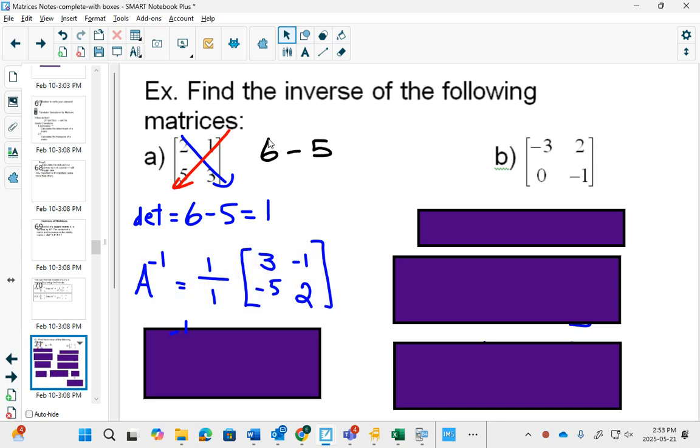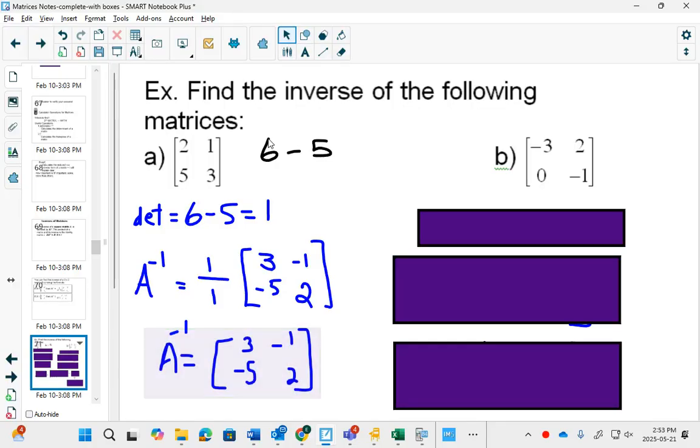The 3 and the 2 switch places. The negative 1 and the negative 5, the 1 and the 5, just add a negative in front of it. So this will be like one of the first things you'll have to memorize in this unit is how to find an inverse. So the 1 over 1 is just 1, so we could write it like this.